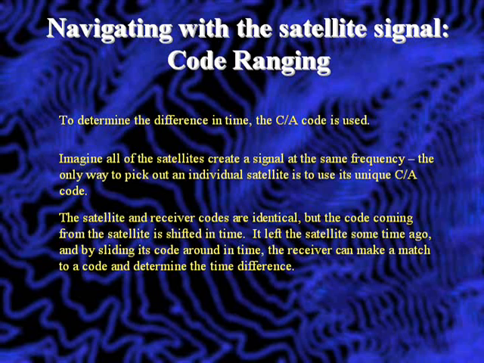Then how do we actually pick out the unique CA signal of one satellite? Well, the receiver reproduces all the CA codes from all the satellites. Then basically it picks up one signal and tries to match it to which satellite it actually is.